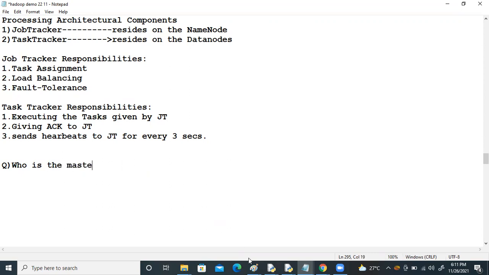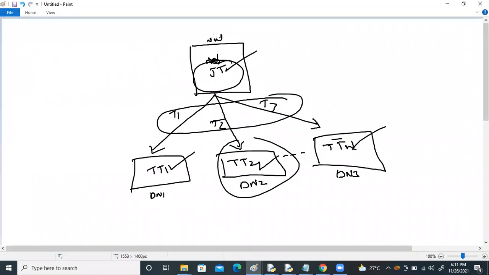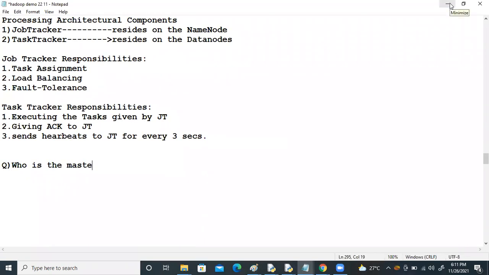Observe this diagram. This is the name node, this is the job tracker, these are the master nodes. Name node is the master for storage, job tracker for processing, both in the master. Who is the master for storage? Name node, right?